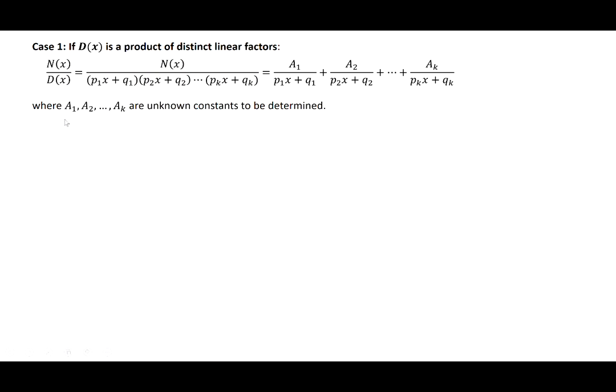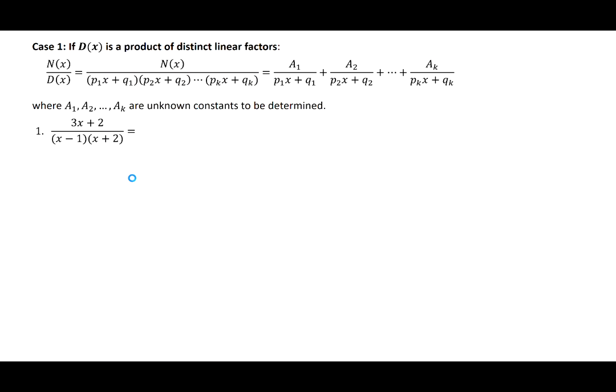What are a1, a2, ak? They are all unknown constants and we need to find them. We need to figure out exactly what the values of those constants are. That's the whole idea. Let me give a few examples.